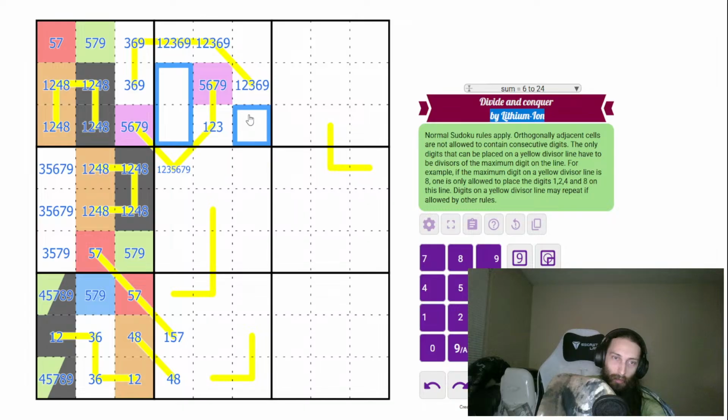So if this is red, that's red, and we'd have to put red here. But red has to be one of these two anyway.